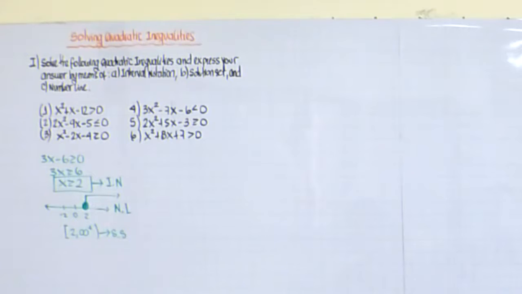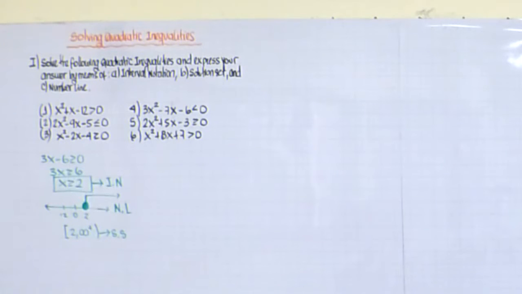Well, today, what are we going to do? We're going to have an extension of these inequalities, because today we're going to learn how to solve quadratic inequalities. In quadratic inequalities, we're going to express the solution in three ways, just like the linear inequalities: interval notation, number line, and solution set.